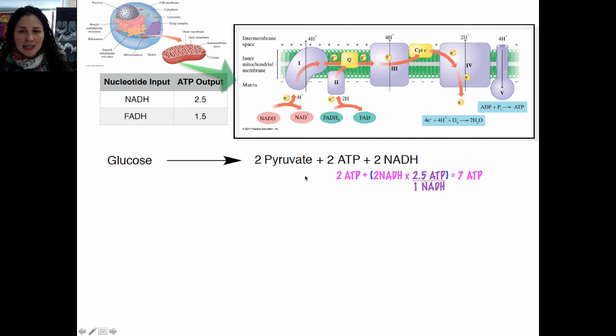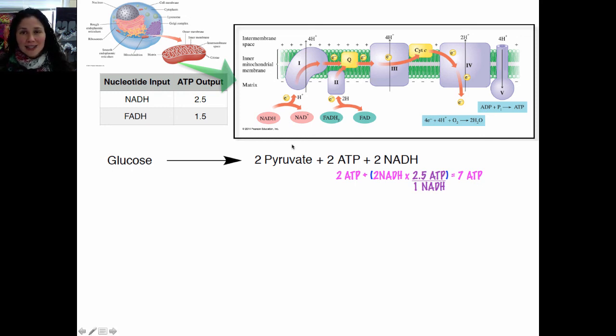If we wanted to calculate the total amount of ATP value here, we would take these 2 ATP and the ATP that could be created from NADH. Since each NADH can make 2.5 ATP, just do a simple calculation to see that there are 7 ATP that come from glycolysis combined with oxidative phosphorylation.